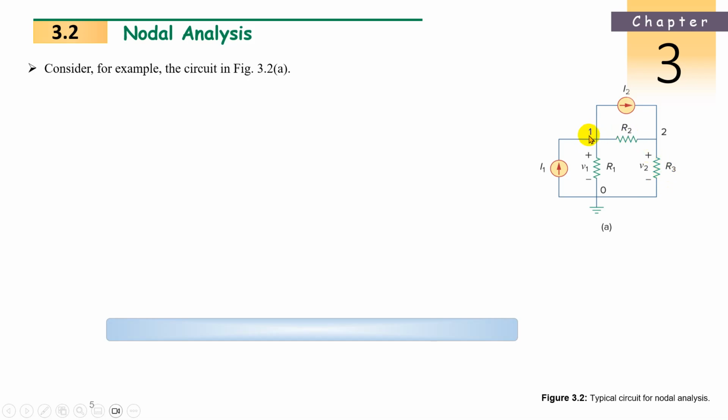Now the problem is between node 1 and node 2: for R2, what is the current I2? You can assume the current direction from 1 to 2, left to right, or you can assume right to left. Up to you. When the result comes, if a minus sign comes, that says what you assumed is wrong.